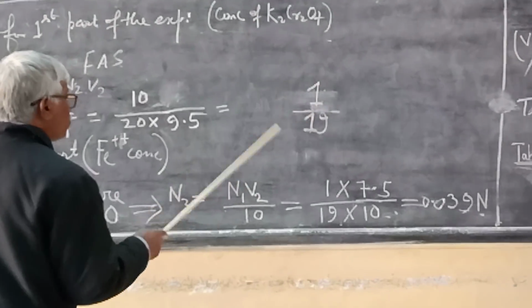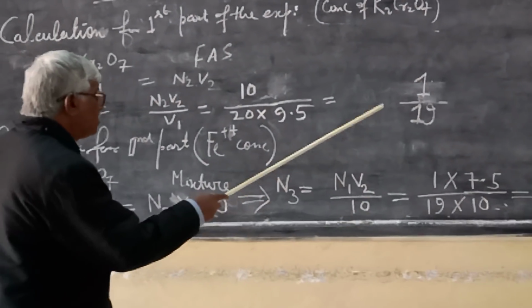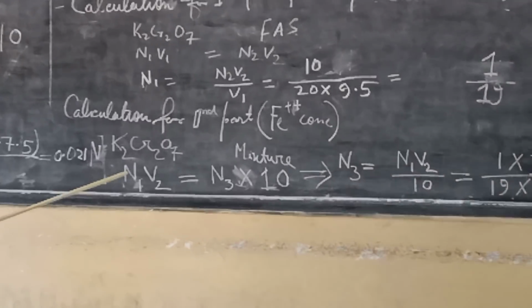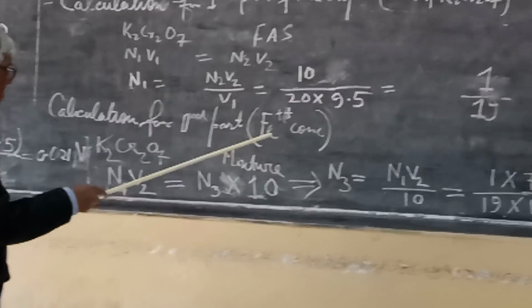So this is the actual concentration of the K2Cr2O7, and it will be used for the other titrations. Now the second part, the calculation of iron 2 concentration.